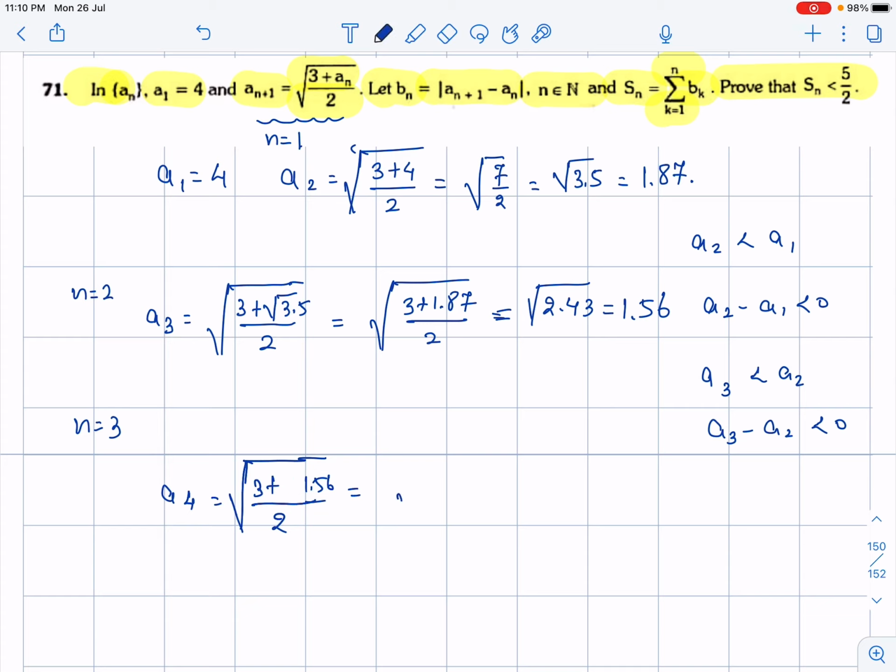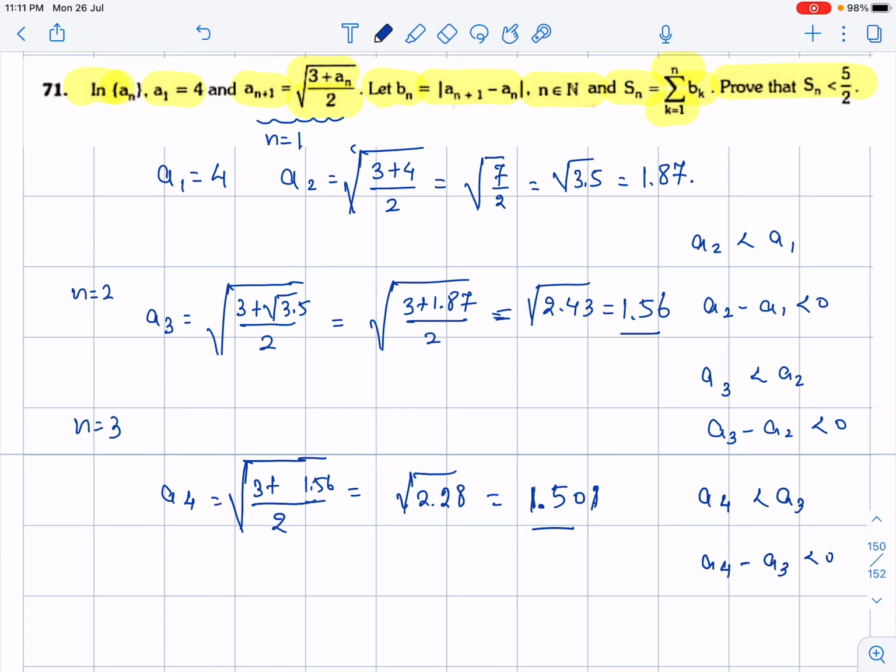That will be becoming square root of 2.28, and the final value will be becoming 1.501. Now again we can see one thing, a4 is lesser than a3. That means a4 minus a3 will be lesser than 0.